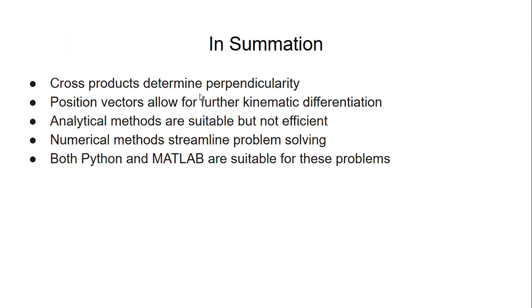In summation, we can use cross products to determine perpendicularity, like we said earlier. You get an orthogonal vector to your 2 vectors that you crossed. And then for position vectors, if you get a real formula for a position vector, then you can take a derivative of it to create your velocity vector.